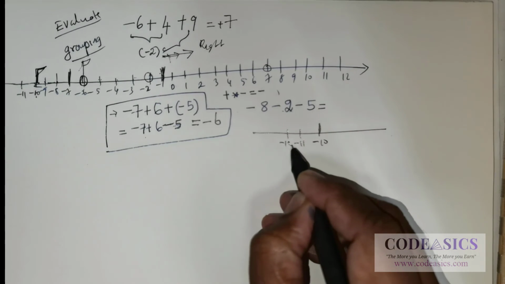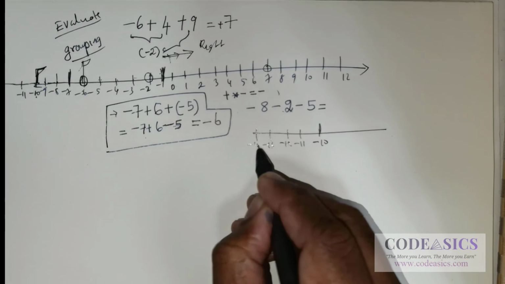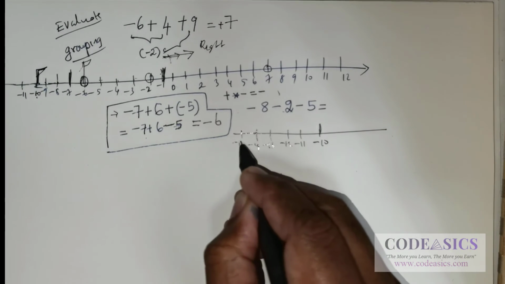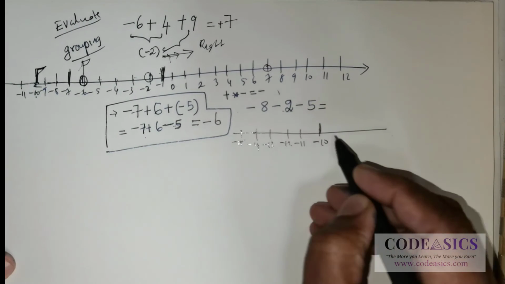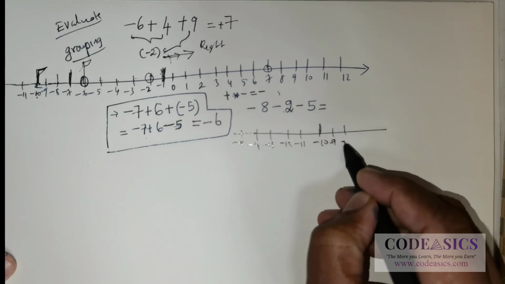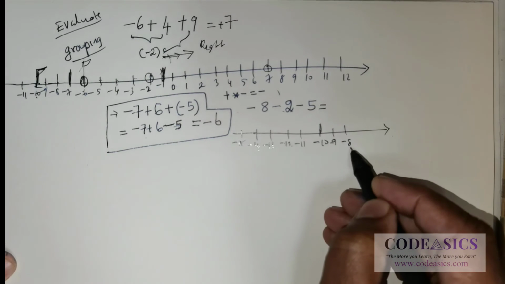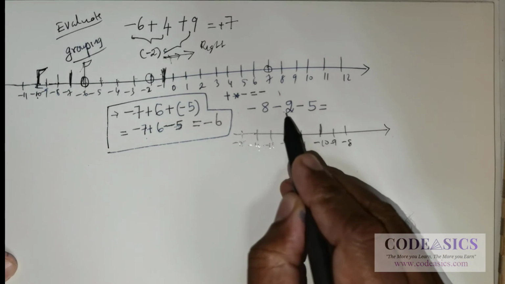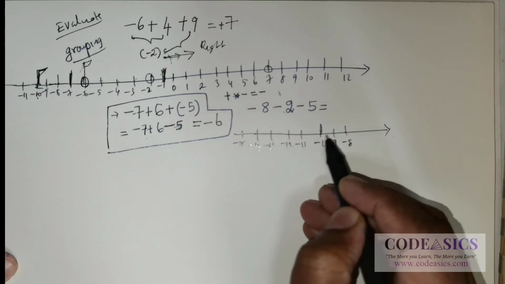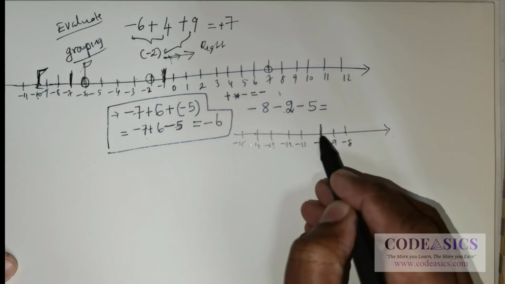And I have to move 5 units. So let me just reiterate one more time. From negative 8, negative 2. Count 2 units towards the left, so it's going to be 1 and 2.